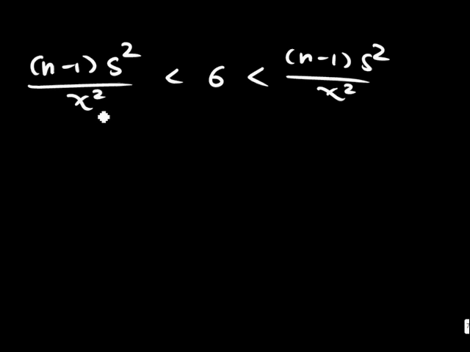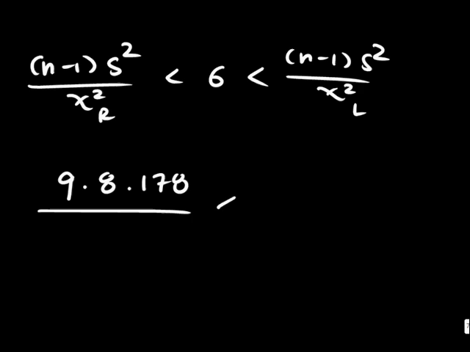N is 10. So 10 minus 1 will be 9. 9 times s squared. Well, sample variance is 8.178 divided by my chi-square r value. 9 times 8.178 divided by a chi-square l value.